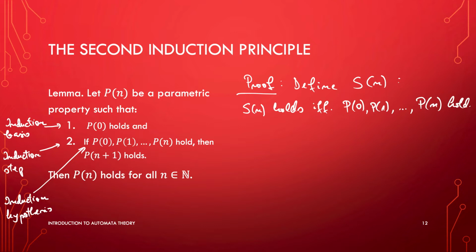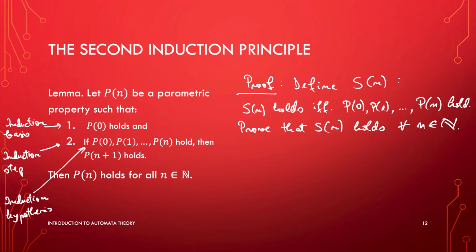And I'm going to prove that S of n holds for all natural numbers n. And obviously, as a consequence, by the way we have defined S of n, if S of n holds for all n, then in particular P of n also holds. So that's going to establish our lemma. So the aim is going to be to show by induction that this property we have defined here holds everywhere.